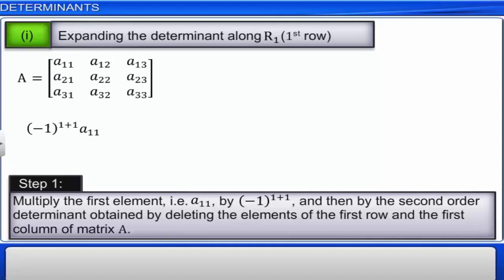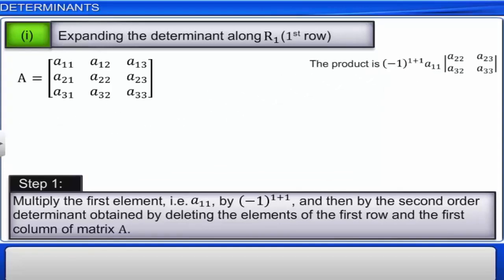And then, by the second-order determinant, obtained by deleting the elements of the first row and the first column of matrix A. This is because A11 lies in the first row and the first column. Hence, the product corresponding to the above step is as shown.